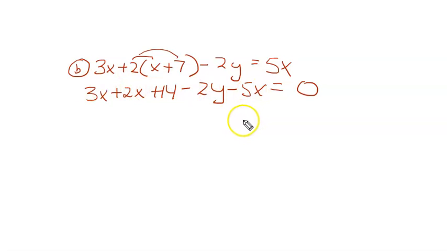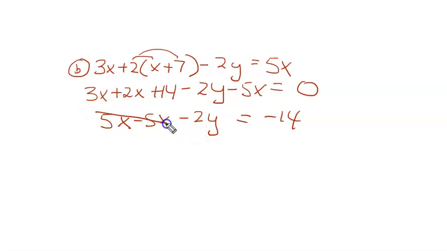Now I'm going to collect like terms. I have a 3x and a 2x gives me a 5x. I have a 5x there and a minus 5x there. Okay. Then I have a -2y. And I'm going to bring this 14 over to this side where it becomes a -14.